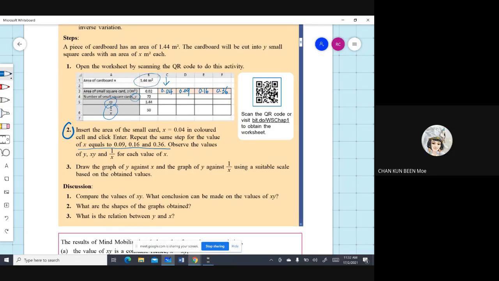So I'm going to jot down everything over here. It is the same, 1.44. From here, I'm going to calculate the number of small squares, the y that I can get. To get this, the calculation is 1.44 divided by 0.04, you get 36.